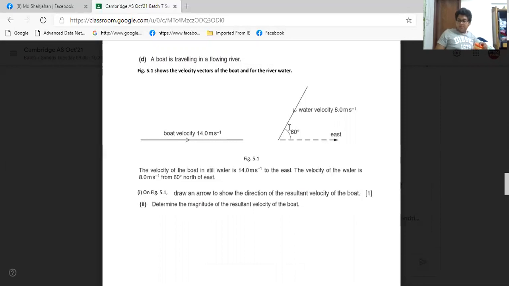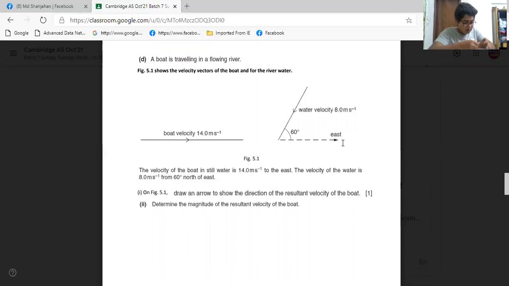So look here, we have the boat velocity, 14 meters per second towards east. And the water velocity, 8 meters per second, is given at 60° north of east.